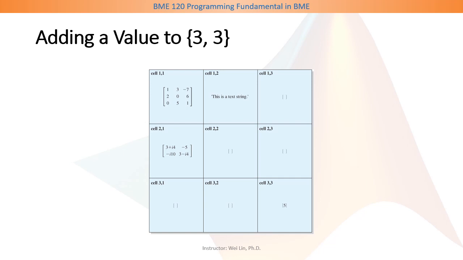If you want to add an element at row 3, column 3, what happens to the rest of the elements in row 3 or column 3? MATLAB simply gives those cells an empty array as the default value.